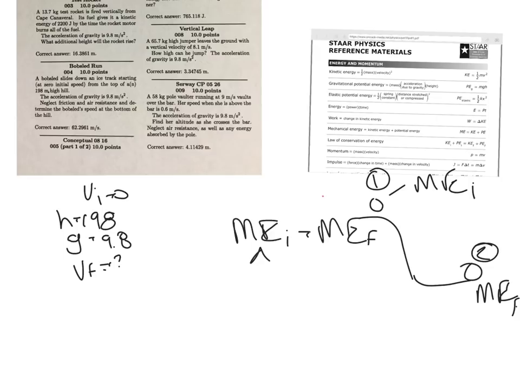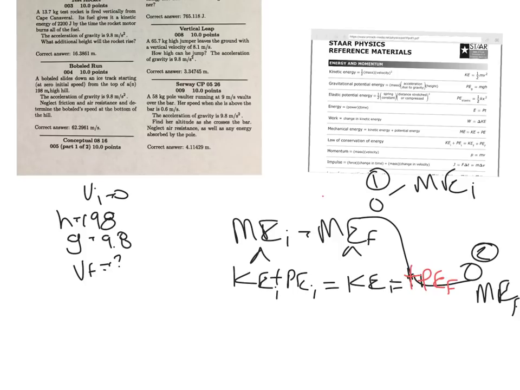What makes up mechanical energy? We said it's the sum, and if you look in your vocab notes, of kinetic energy plus potential energy. This is initial. So guess what? It has to be equal to the kinetic energy plus the potential energy final, right?